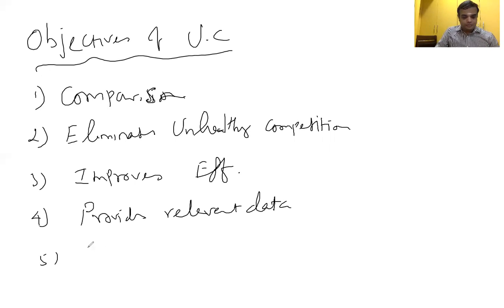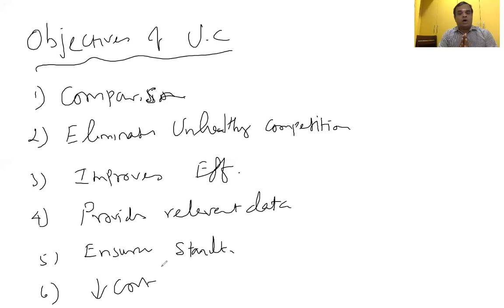It ensures standardization. And it helps to reduce cost. These are the 6 objectives of uniform costing.